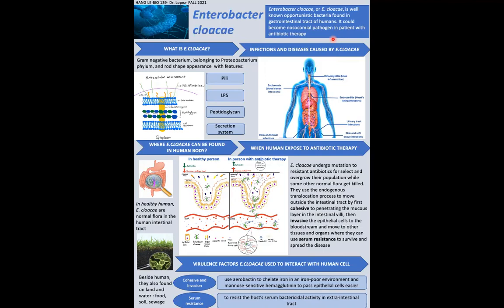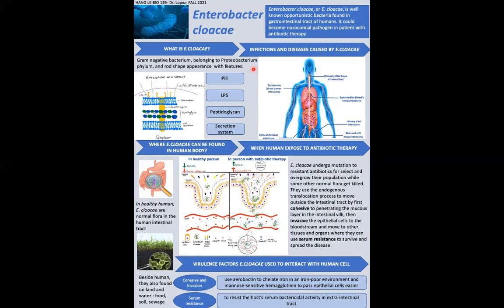So how can it happen? Before that, I will talk about what Enterobacter cloacae is. Enterobacter cloacae is basically a gram-negative bacterium that belongs to the Proteobacteria phylum and Enterobacteriaceae family.